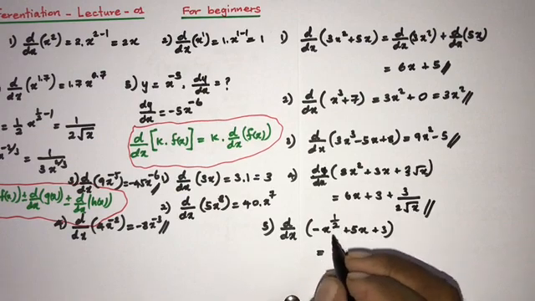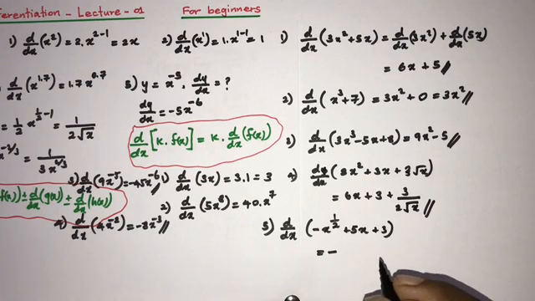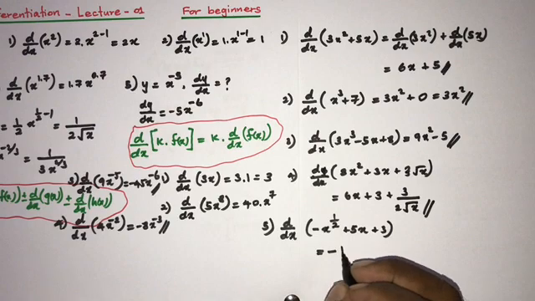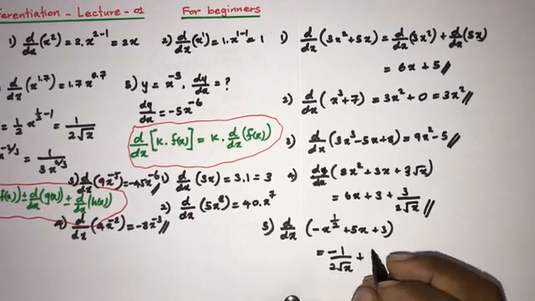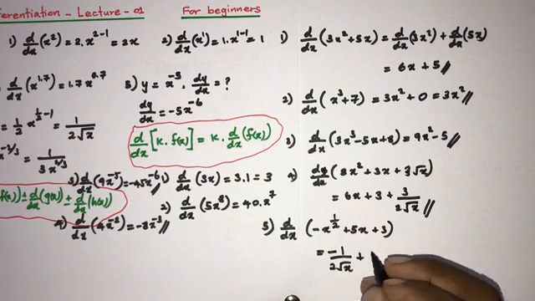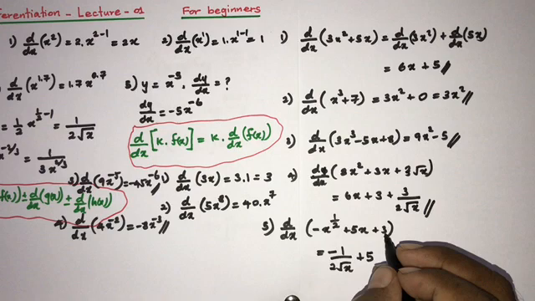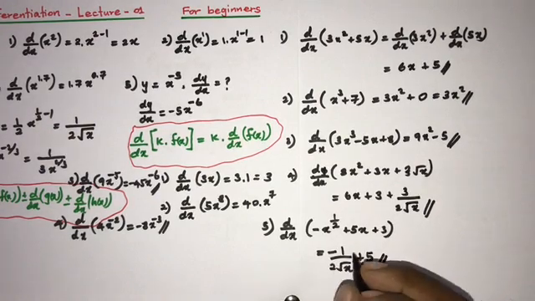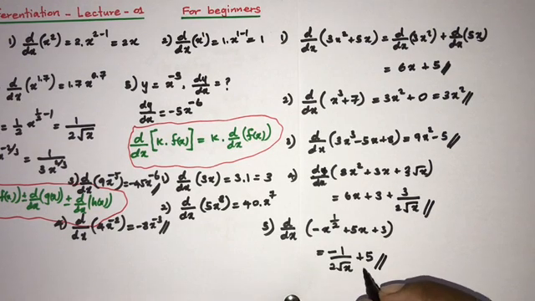Here we have the minus sign, so keep the minus sign, and x to the 1/2 is the square root of x, so we have 1 over 2 times the square root of x, plus 5 times the derivative of x, which is 1, so 5, plus the derivative of 3, a constant, which is 0. So the answer is minus 1 over 2 times the square root of x, plus 5.